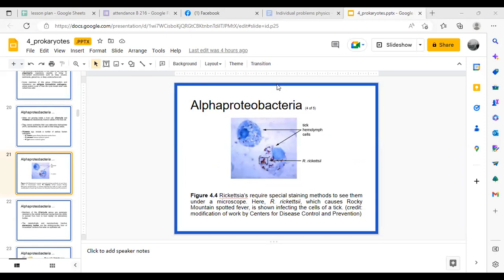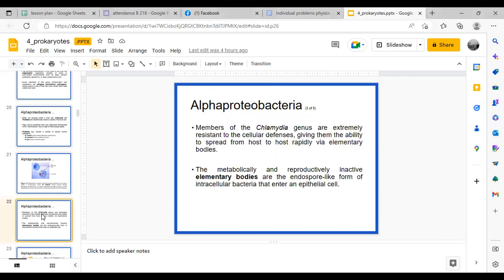In terms of staining, it's difficult to stain the rickettsia bacteria, so you need special staining techniques to see them under a microscope. Another member of this group is chlamydia.